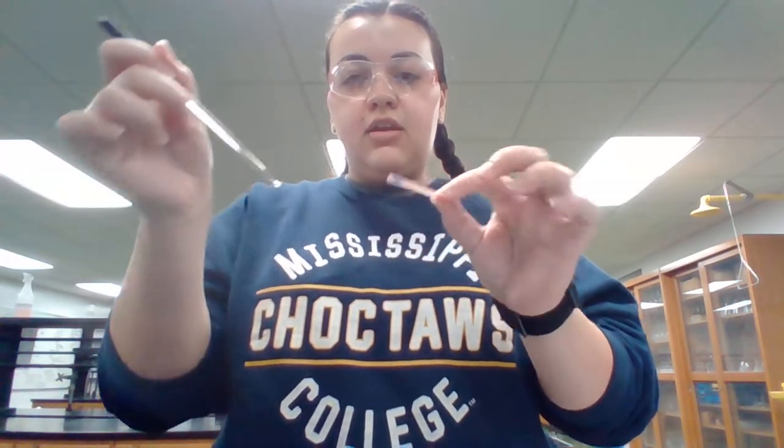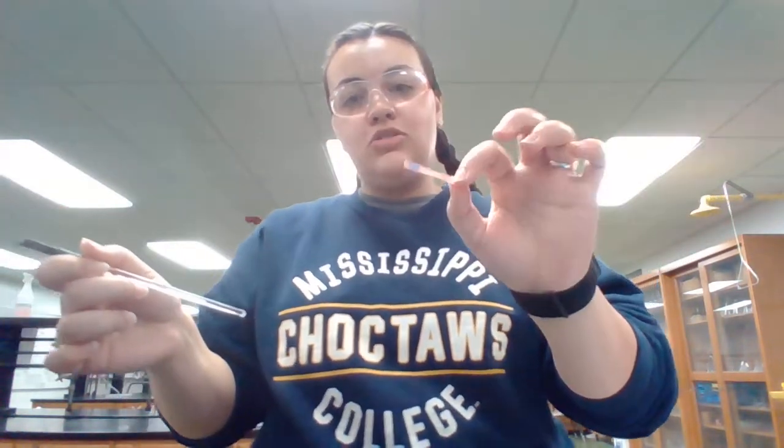So the actual way that you guys want to do this is to take your stirring rod, and then you're going to dip the end into your solution, and then you're going to actually touch that to the paper. And as you can see, I have a blue spot where I just touched it, so my solution is in fact basic. Okay, so that's the proper way to use the litmus paper. Don't dip the whole strip into the container.